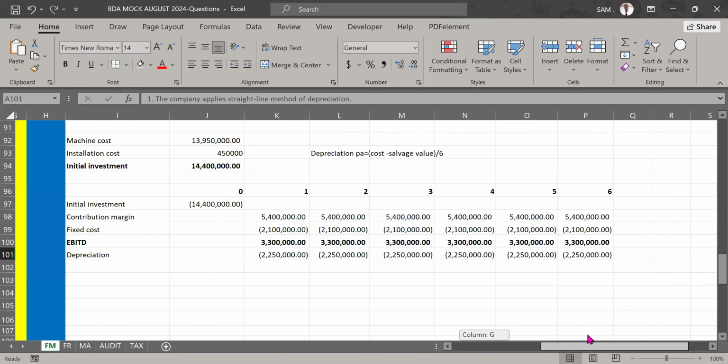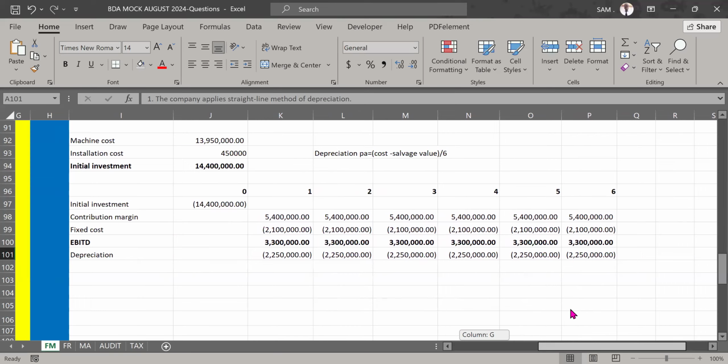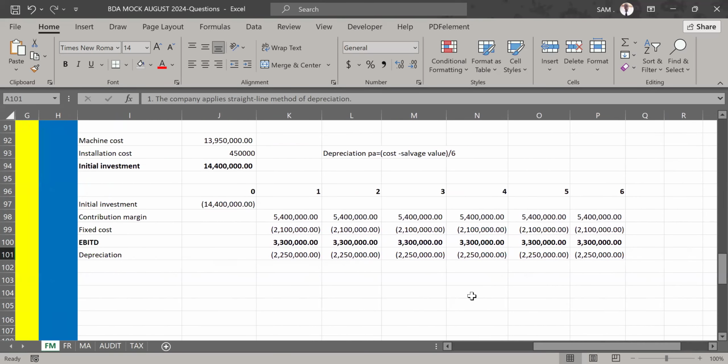So if it is straight line, it makes our life so simple, because we already know the useful life of the asset. And I remember there is this formula which we agreed on, and I wrote it there, that for us to get the amount of depreciation per annum, the value that this machine will be losing every year, we just get the cost of that machine.